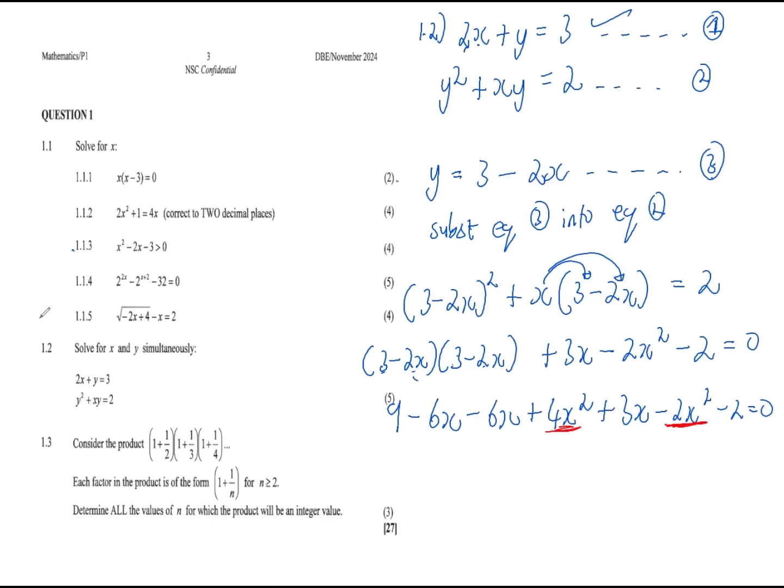And then other ones, we have negative 6x, negative 6x, positive 3x. And then we also have constants, right? So our constants are 9 and negative 2. So let's deal with those. Following the order of degrees, we'll have 4x squared minus 2x squared, that's 2x squared. Negative 6 minus 6, that's negative 12, plus 3x, that's going to be negative 9x.